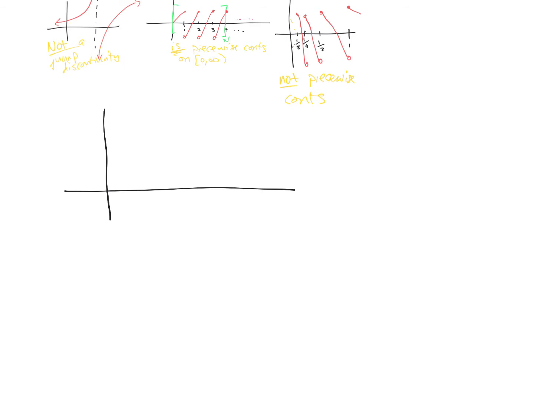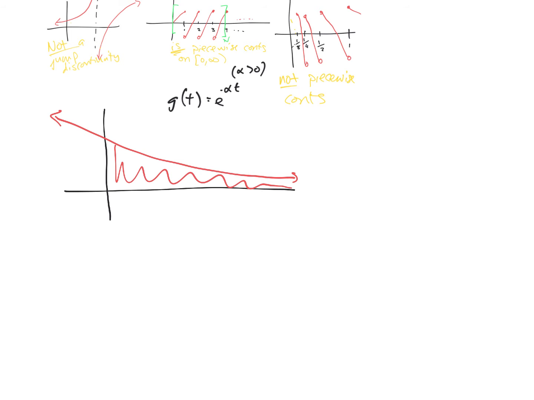Let's say we have, I'm not going to call it f, let's call it g of t equals e to the negative alpha t, for alpha positive. That is going to look like this kind of exponential decay. So the area under the curve is going to decay fast enough that the stuff out here is going to be negligible, and in the limit it's going to exist.